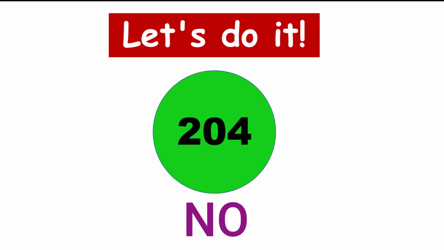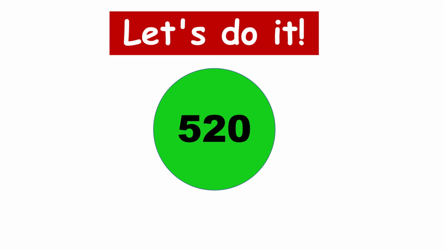You're right! 204 is not divisible by 10. The next number is 520. Is 520 divisible by 10? Excellent! 520 is divisible by 10.